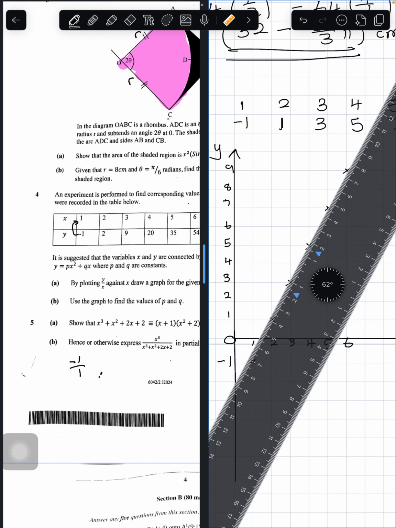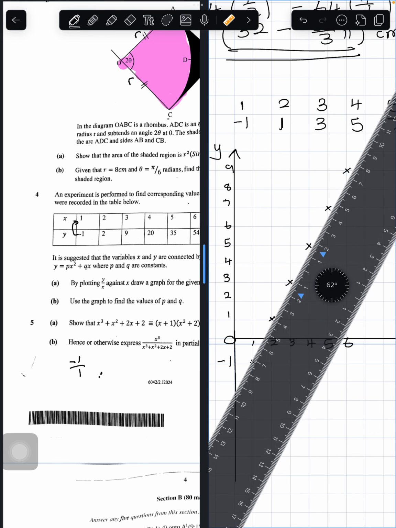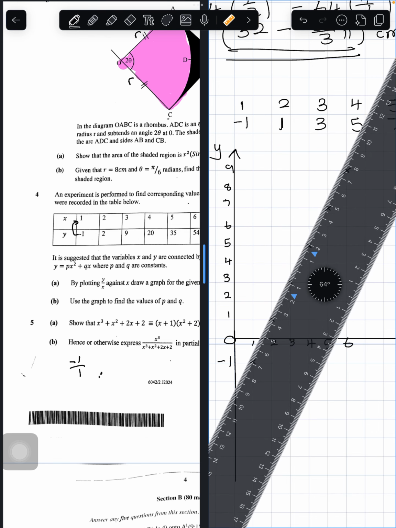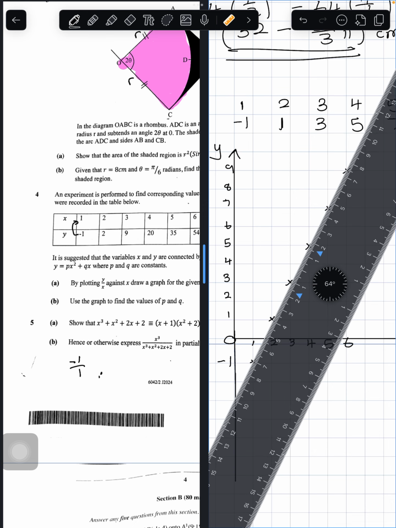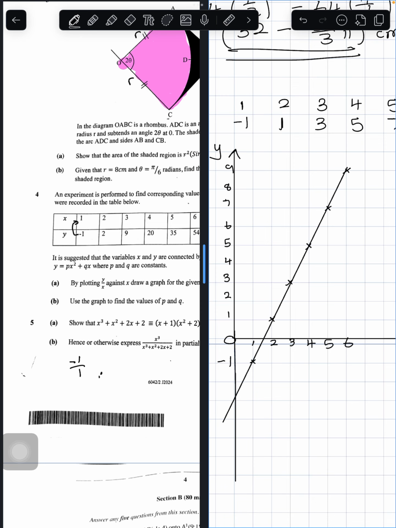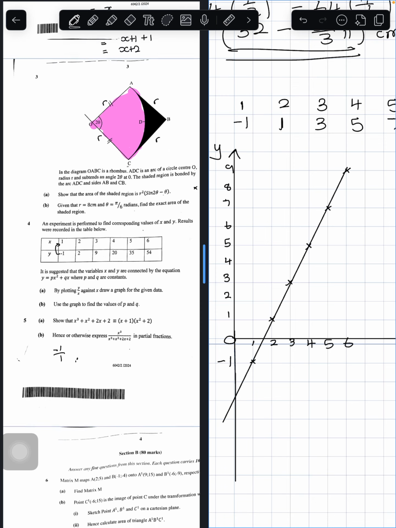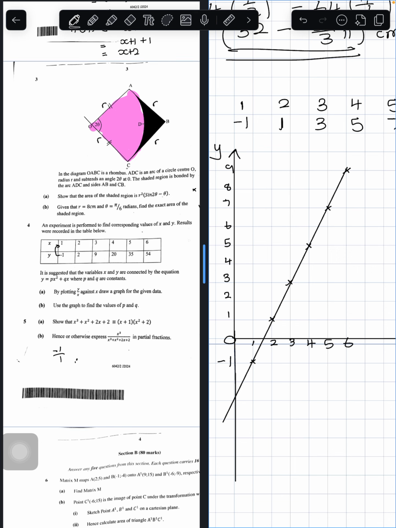So you take your ruler, you join your points nicely, making sure that your ruler is passing through all of your points. I hope that one is clear. So we've plotted our line.